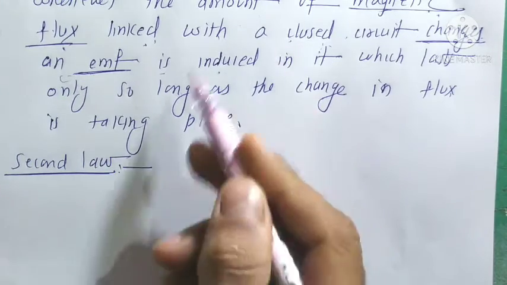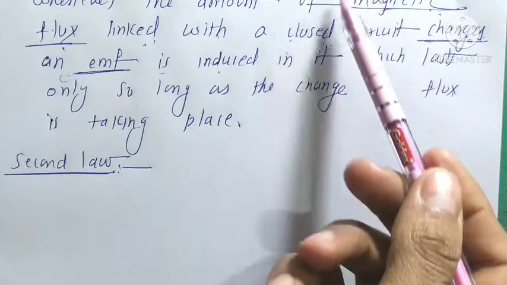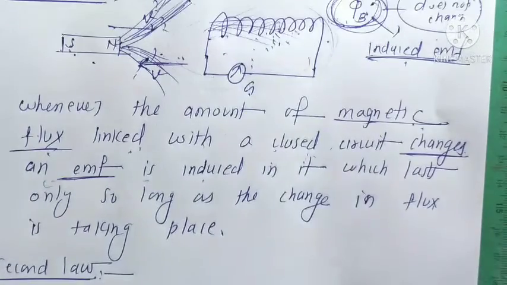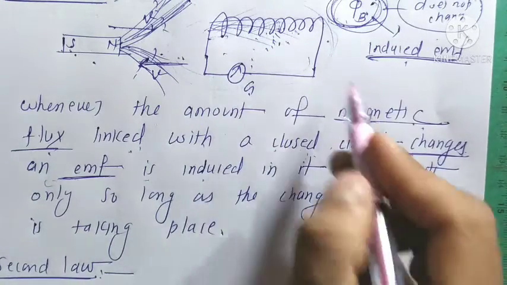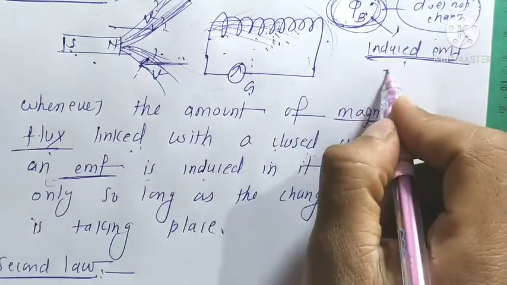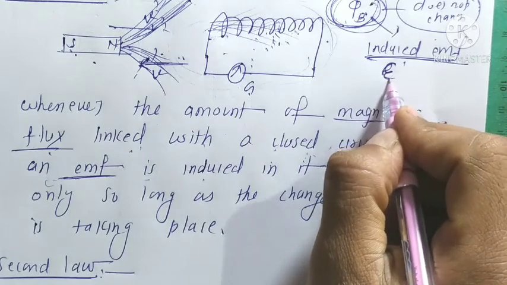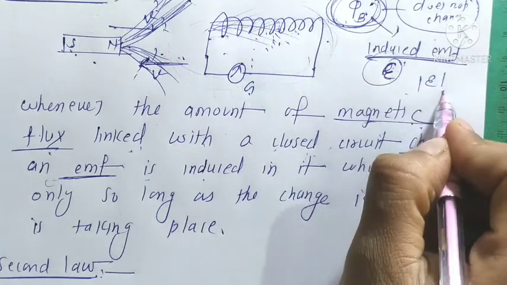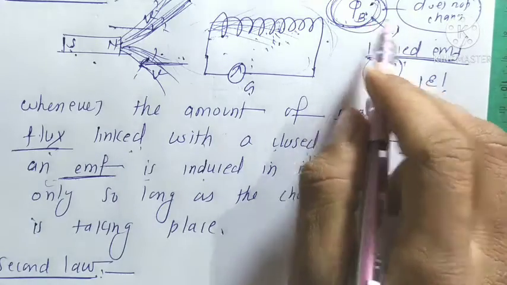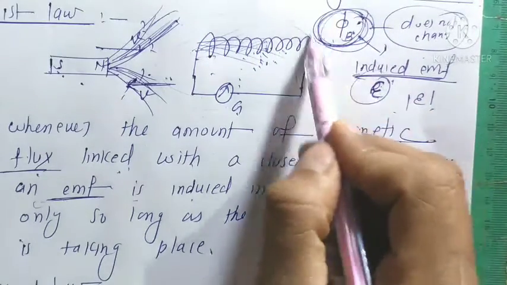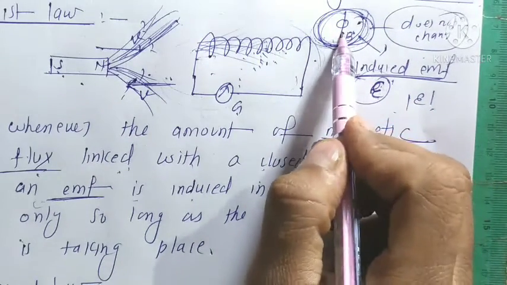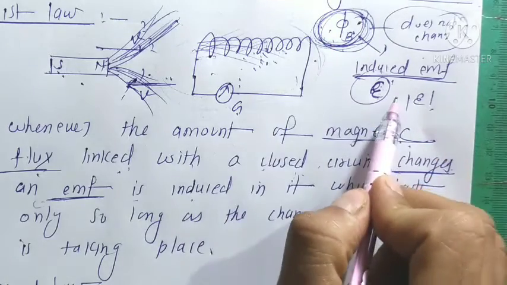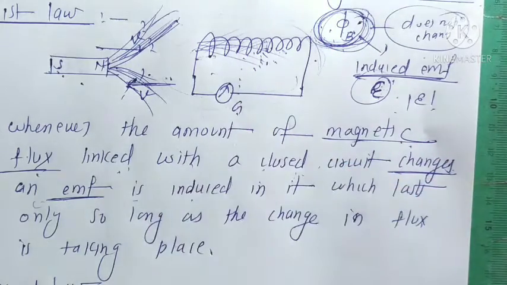According to the second law, the magnitude of induced EMF, here you see in this figure, this is the symbol of induced EMF. The magnitude of this induced EMF is equal to the rate of change of magnetic flux. When the magnetic flux changes, then induced EMF will be produced inside this coil.